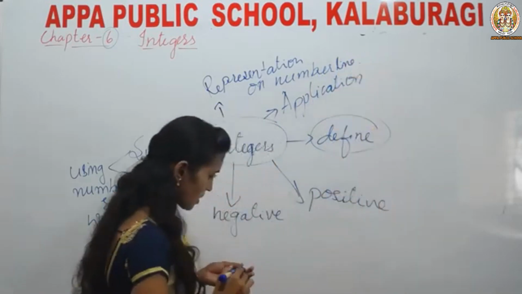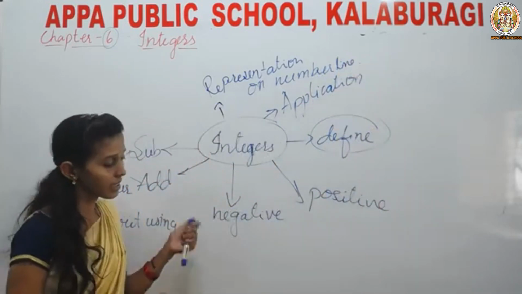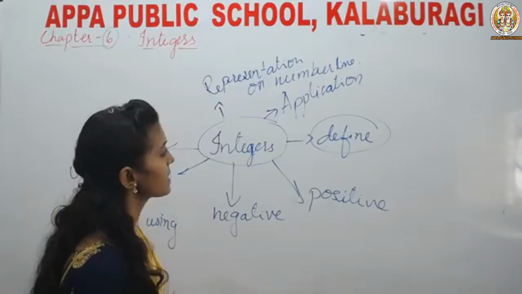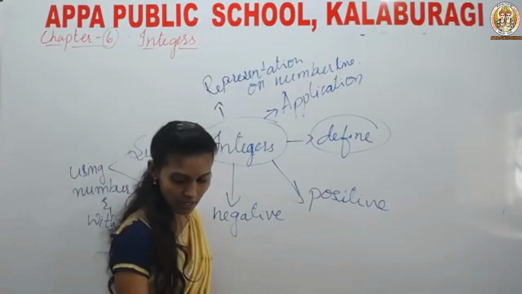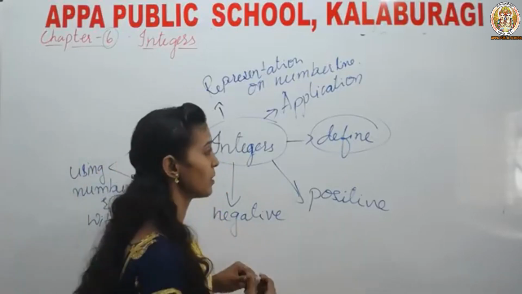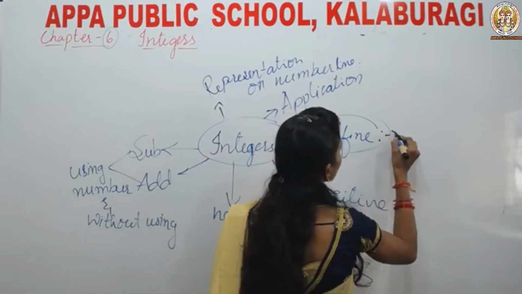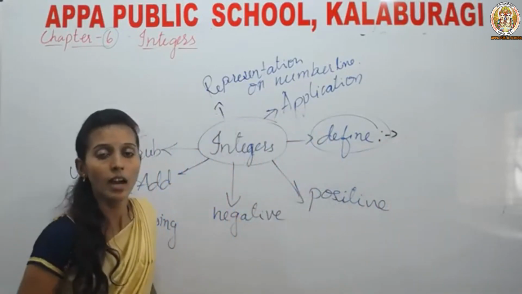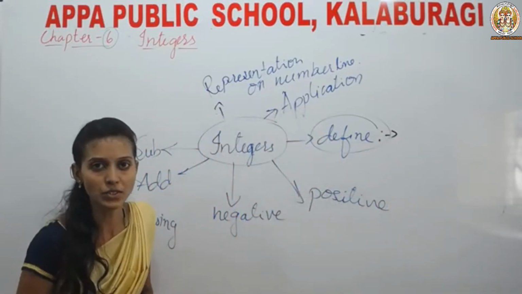So first, let me see the definition. How can I define it? I'll use another color. What is the definition of integers? How can we define integers?